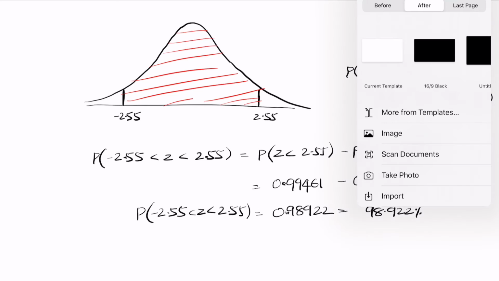Now in the same problem, try to find P of minus 2.46 less than Z less than 2.46. I'm going to attach the table with the problem in the canvas, so make sure you download the table first and keep it on your computer so that when practicing it becomes easier.